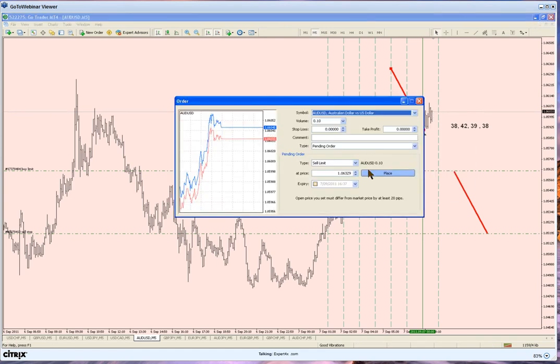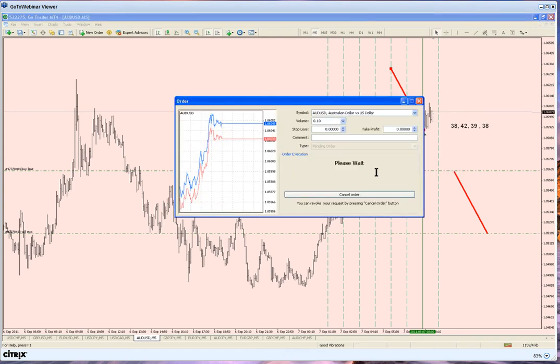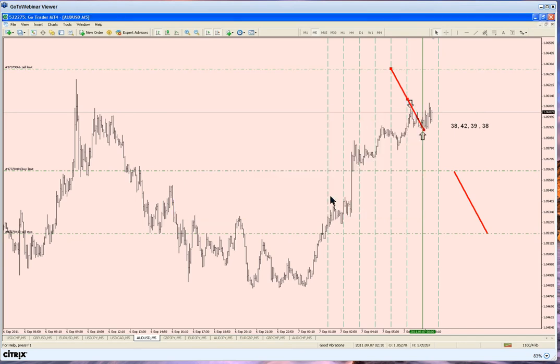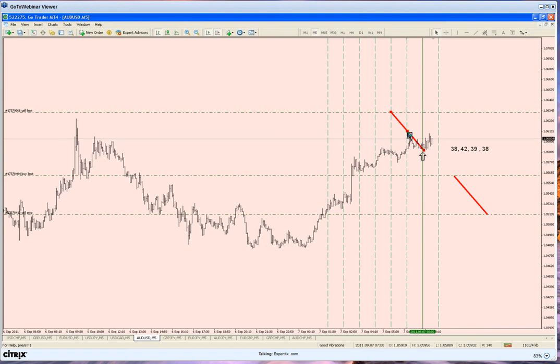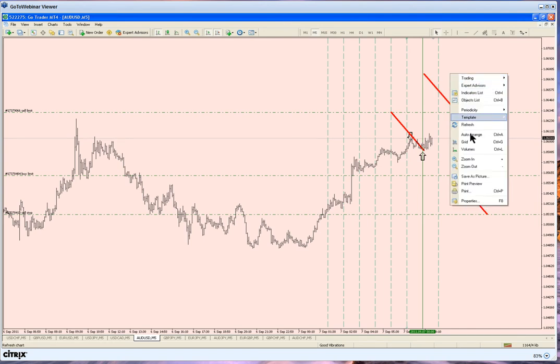Sell limit. So in other words, we're selling when it gets to that level, and then we're just going to put a safety measure in there. That must be a buy stop.